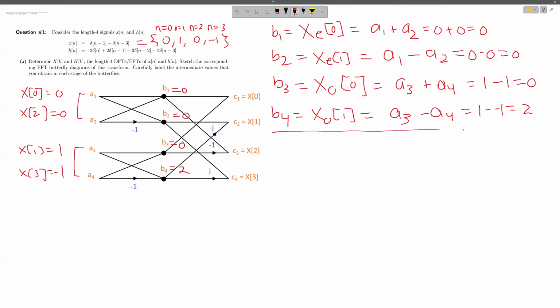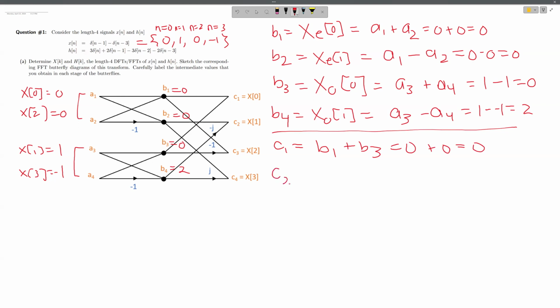So let's say I want to calculate C1 from here. I'm just going to keep on following the trail of this diagram. So this C1 gets contributions from B1 plus this diagonal term, and that would be B1 plus B3. B1 you got earlier was 0, B3 is equal to 0, so you got 0.